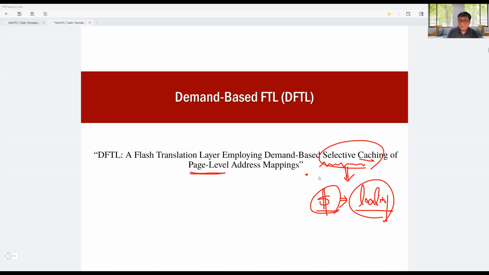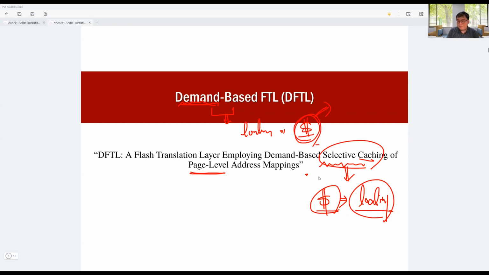So the main idea of demand-based DFTL, as you can see, is demand-based. That means we can classify high demand requests or low demand requests to the storage devices. This demand-based approach is similar to the locality-based approach of caching.